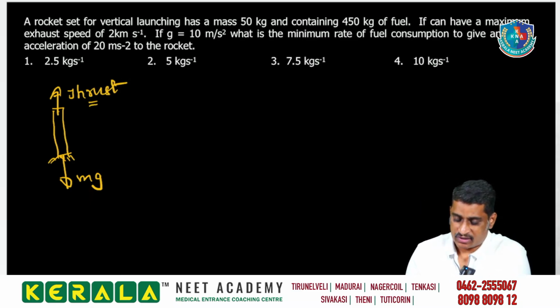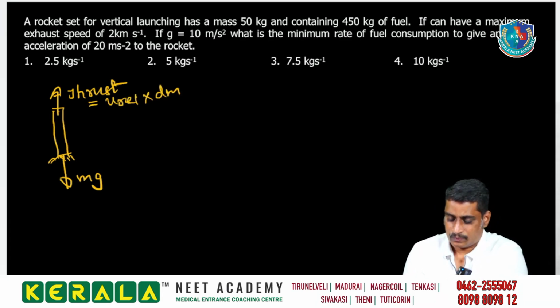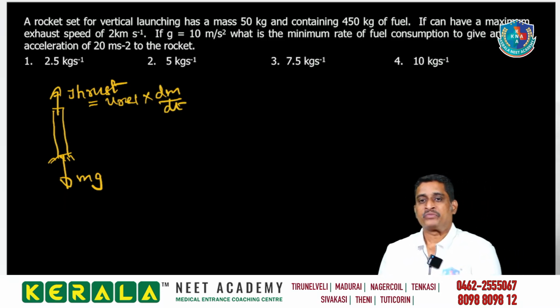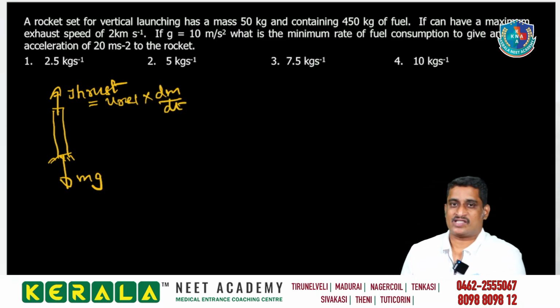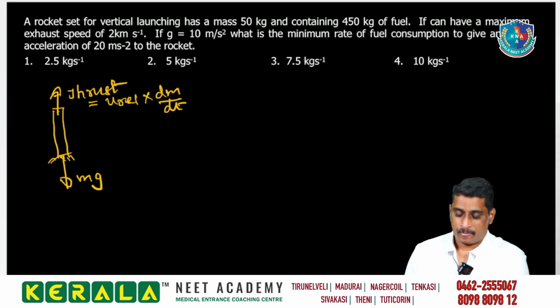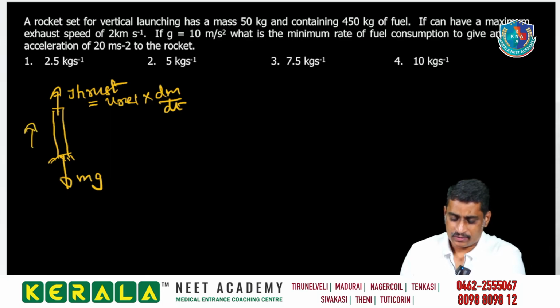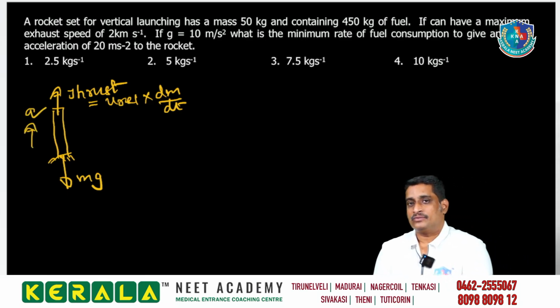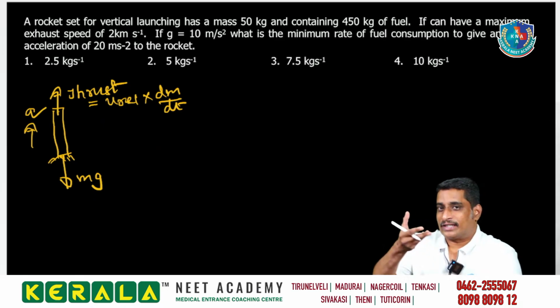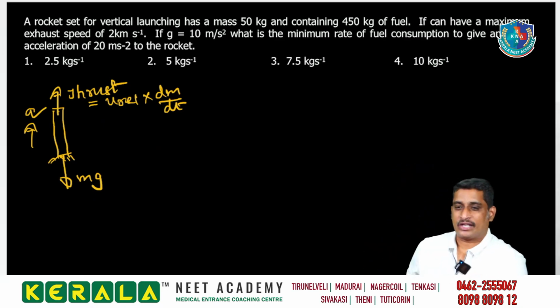This upward thrust will be given by relative velocity into dm by dt, is the equation we are having. Velocity of the gases with respect to the rocket into dm by dt. If you look at this diagram, it is very clear. Unless that thrust dominates over the weight of the rocket, it cannot accelerate in the upward direction.